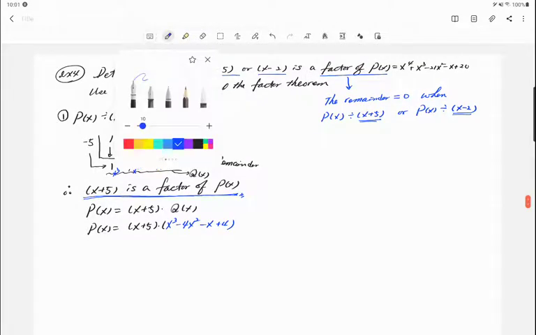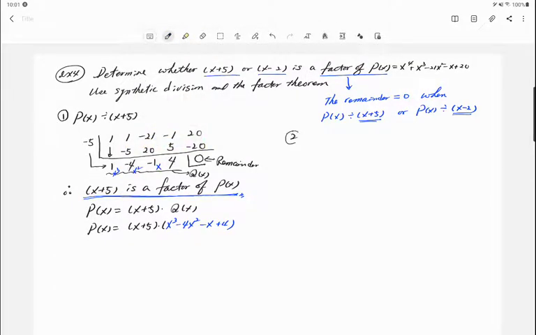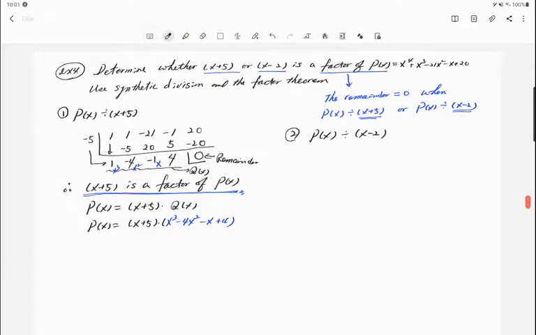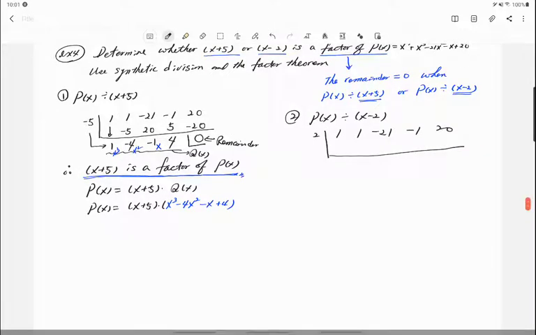All right, then let's try the next one. Let's divide P of x by x minus 2 and see whether the remainder is 0 or not. I'm going to write down all the coefficients of the polynomial and divide by 2, not negative 2. It's got to be 2.